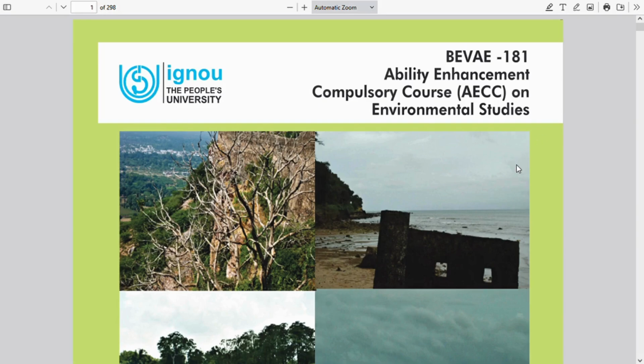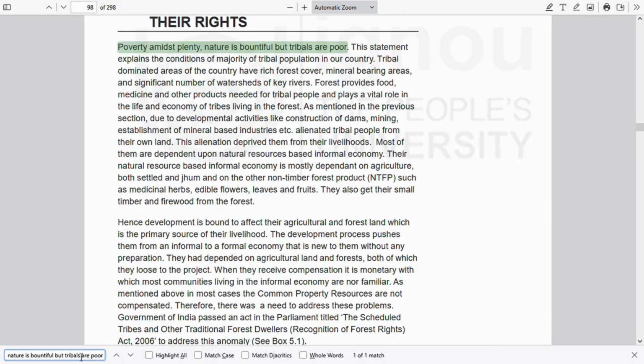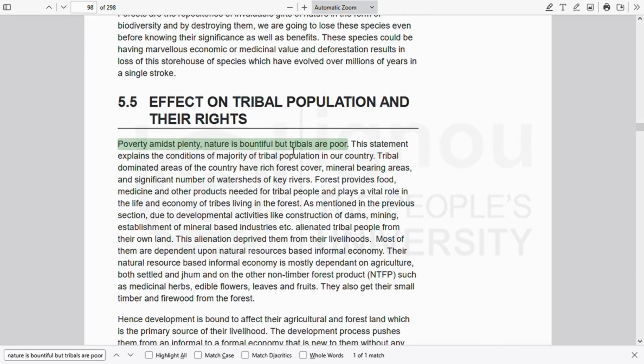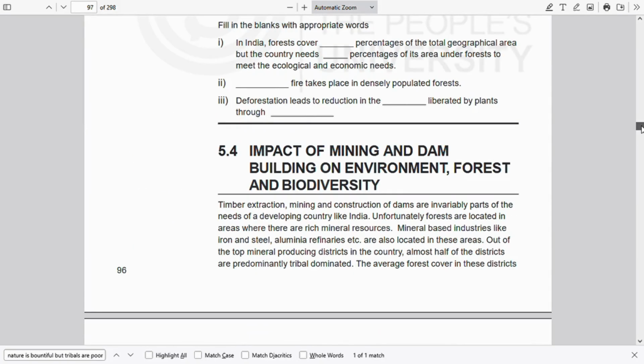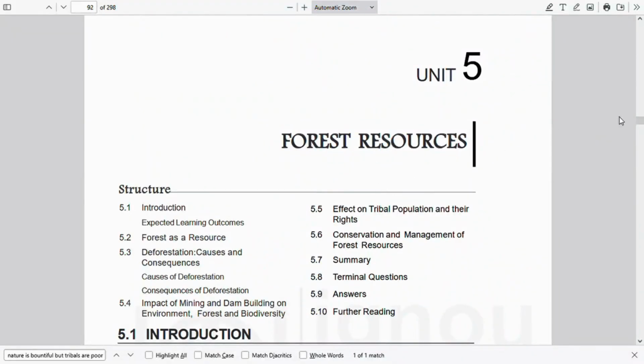So you can use this PDF and use Control F. It gives a text box where you can paste the phrase you want to search, like this, and it will give you the exact page from where it is taken. It is taken from page number 98, from the section effect on tribal population and their right. It is unit 5, so it is from forest resources.